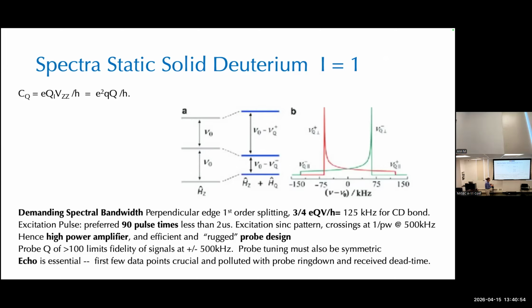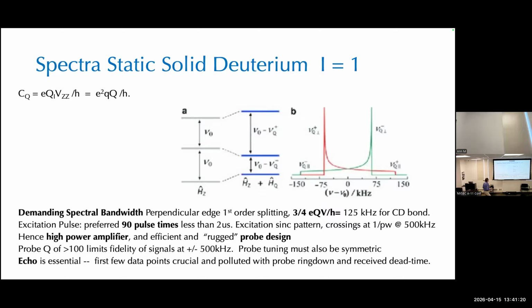So we don't just want to do a good job of detecting this value. In the culture of the field, we'd like to get the full line. And that's just the standard. Gives you a lot of confidence in what you've done. So if you're going to go all the way out to the shoulders or the parallel edges, that's the better part of 200 kilohertz.